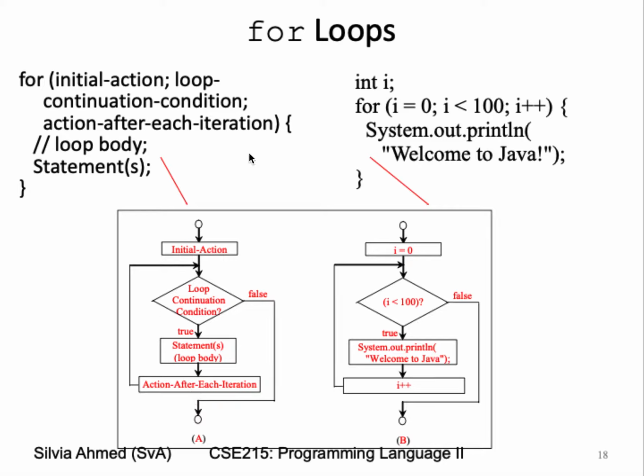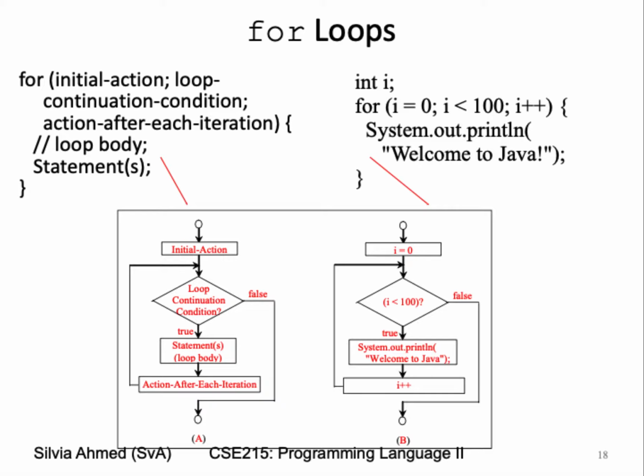And then you see this action after each iteration. We write it inside the for parenthesis before the repeating part. Even if we write it here before the repeating part, the execution happens after the loop body. This is very important and you should note it.